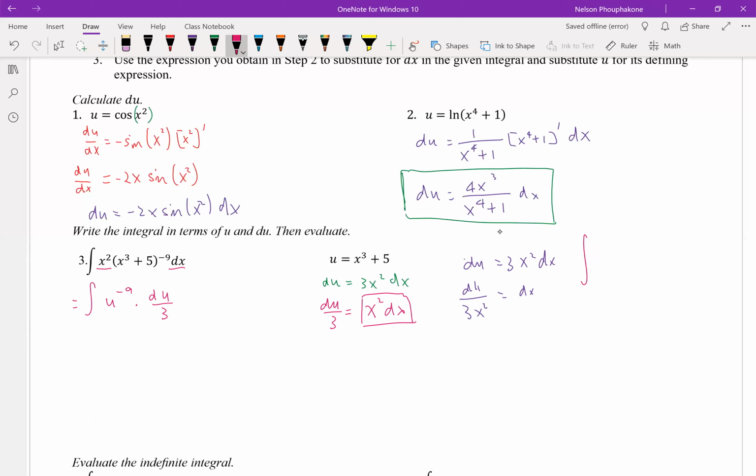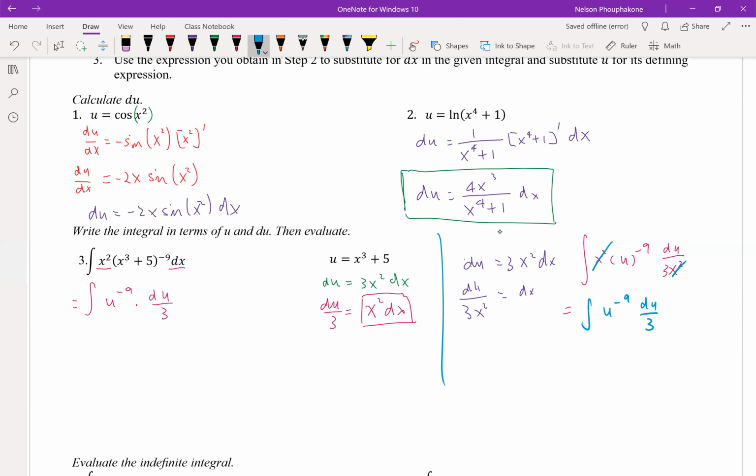So I will have x squared and then u to the negative 9, and then we replace dx by du over 3x squared. And then you will see that you actually get the same result.